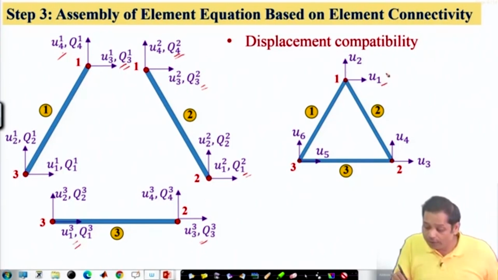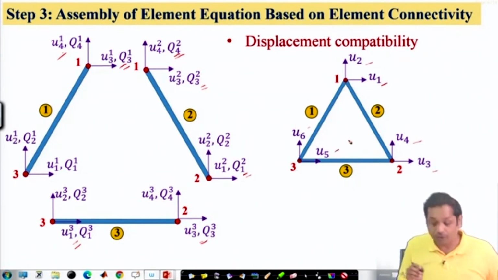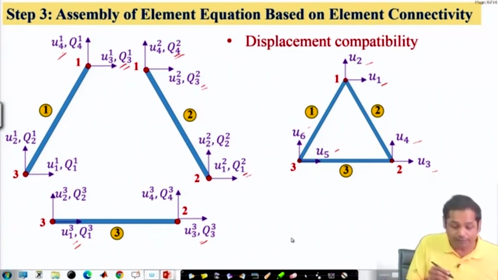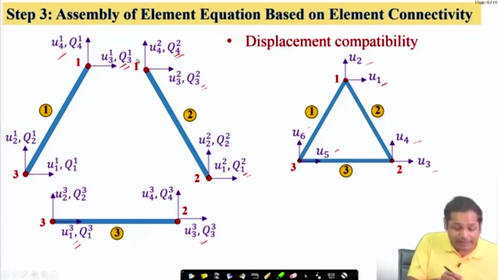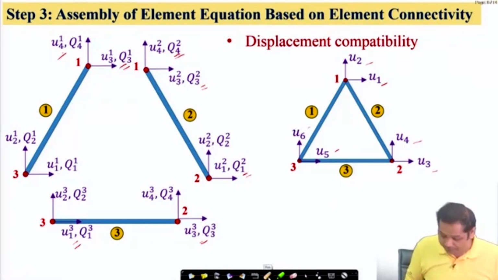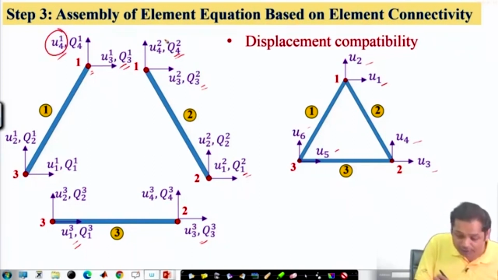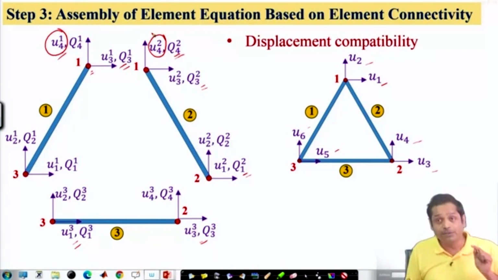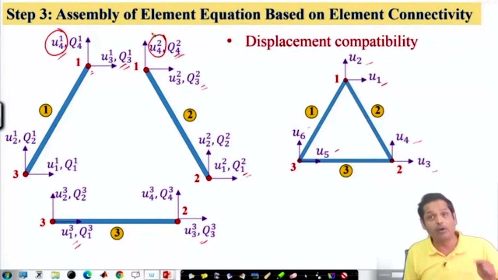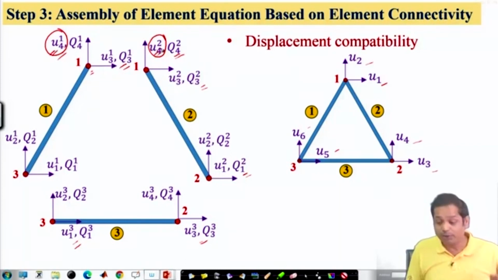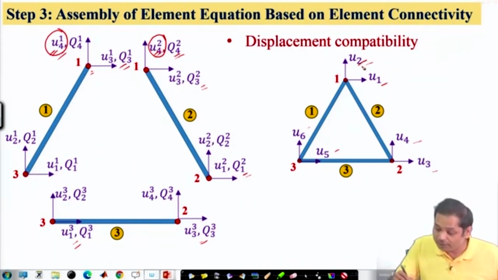And U1, U2, U3, U4 are all global variables. Now compatibility says that at joint number 1, we have deformation from this element at this joint, your displacement is this, and from this element at this joint your displacement is this. If continuity is to be ensured at node number 1, these two displacements should be the same, and should be equal to the displacement U2 here.